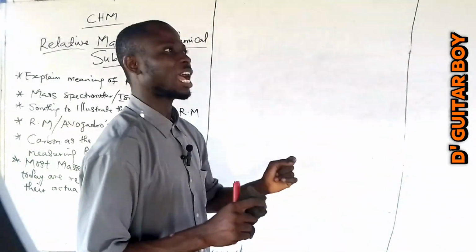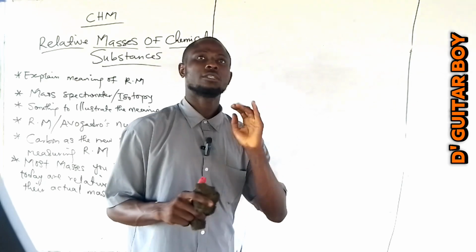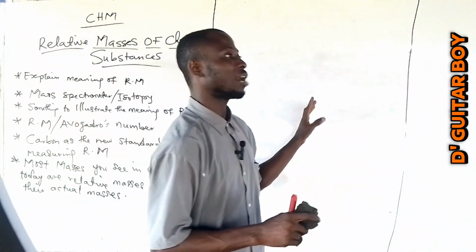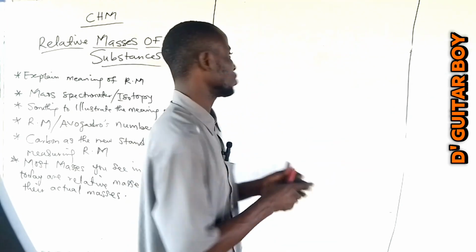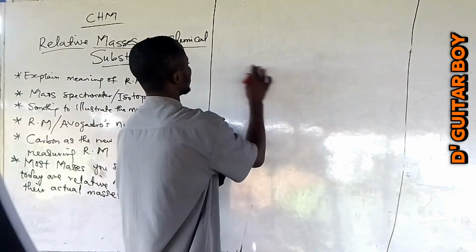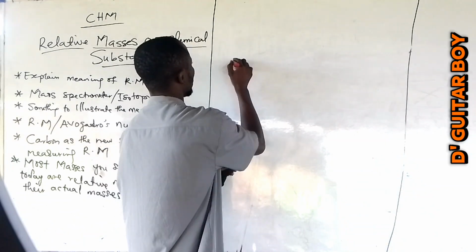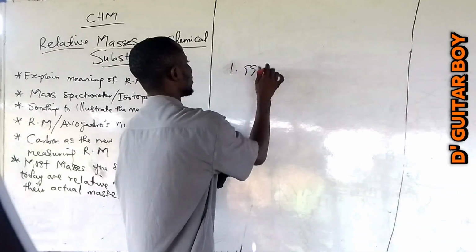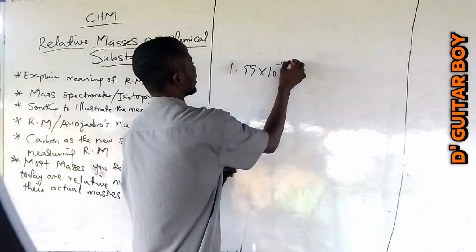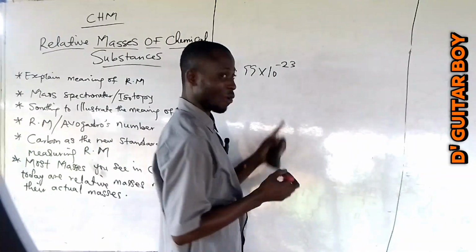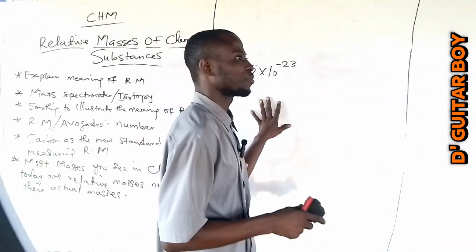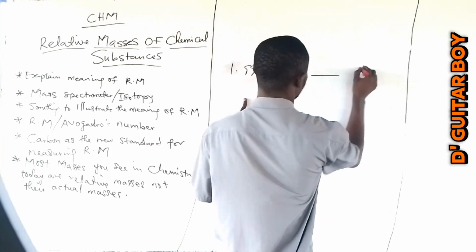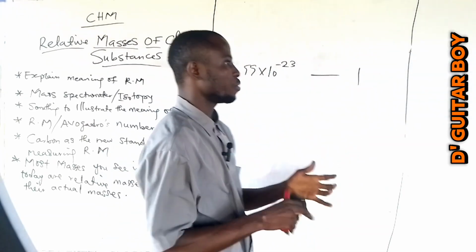So if we use carbon, which is 12, that is heavier than hydrogen, using the mass like this, which is 1.99 times 10 raised to power minus 23, and we let this mass be 1, hydrogen will be less than 1.